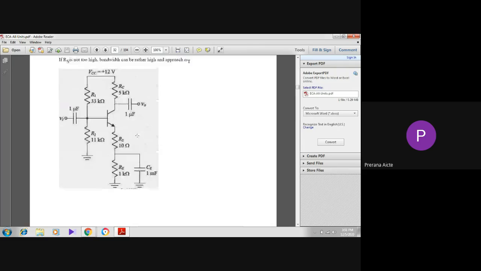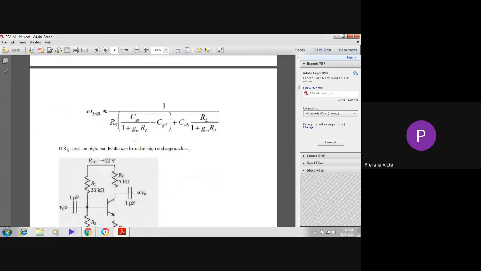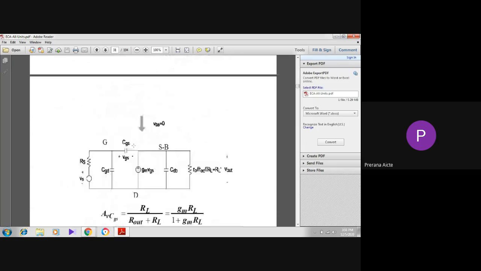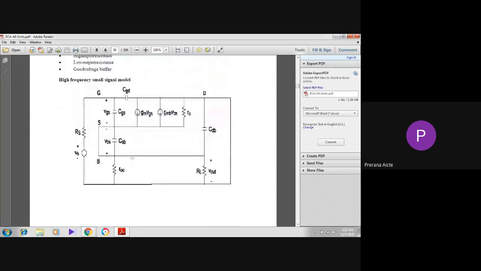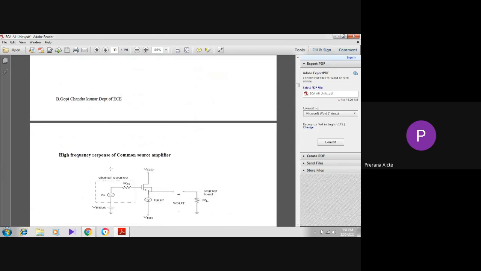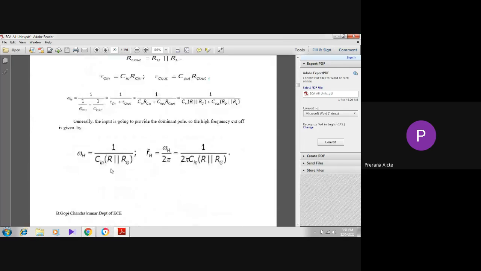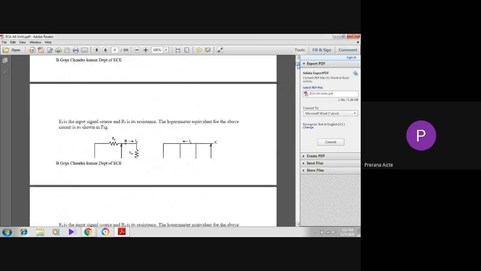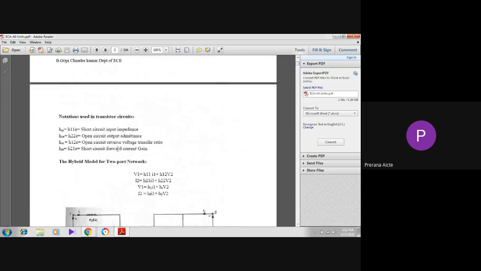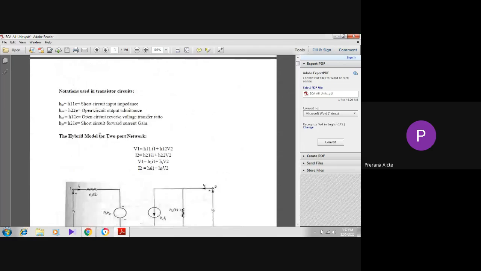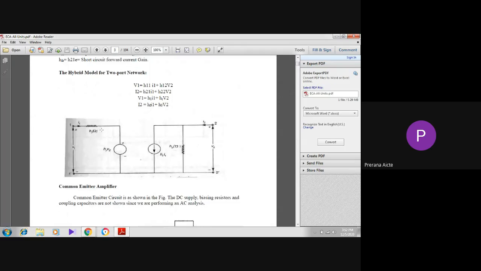So this is about the first unit topic, BJT and FET high frequency analysis. This is the high frequency response of common source. Once again, let's see what topics we have discussed till now. H parameters, types of H parameters: we have four H parameters, HIE, HRE, HOE, and HFE.